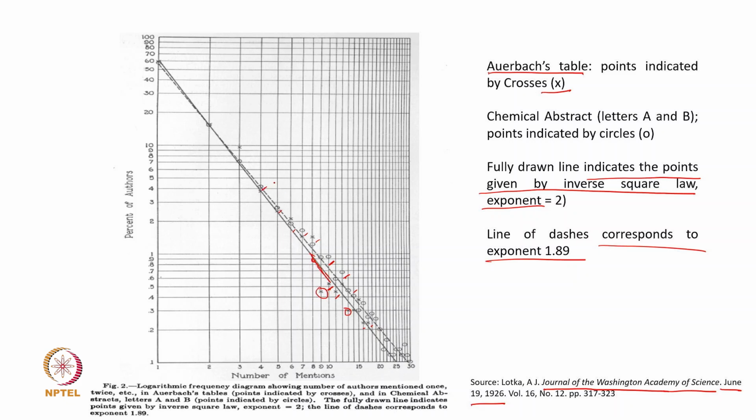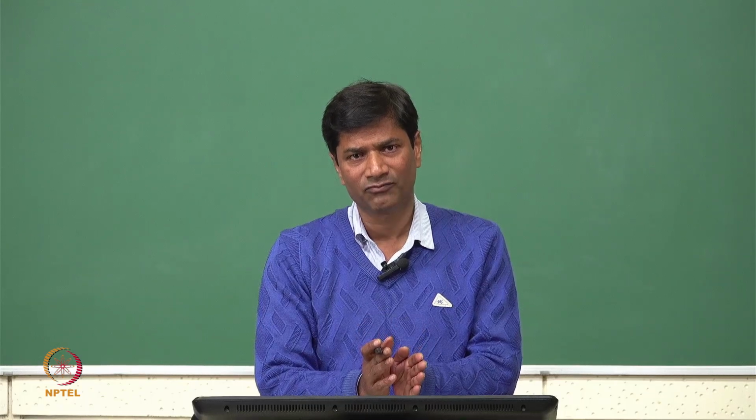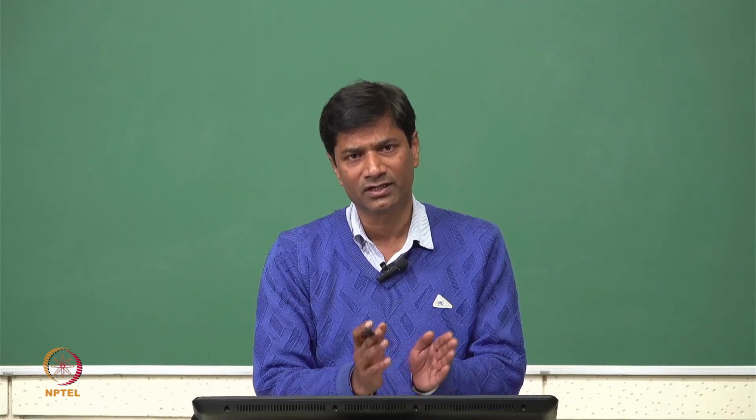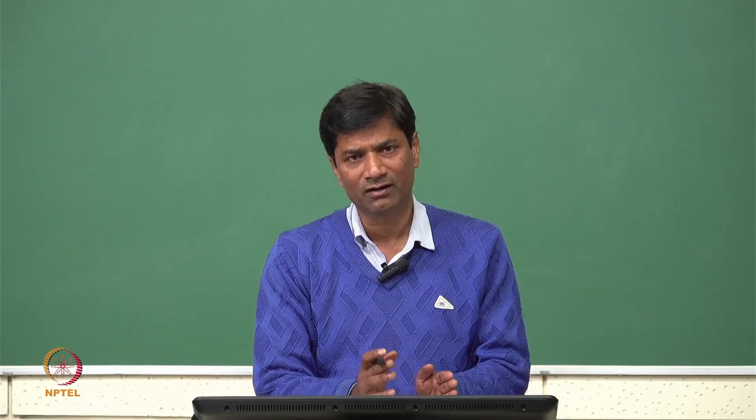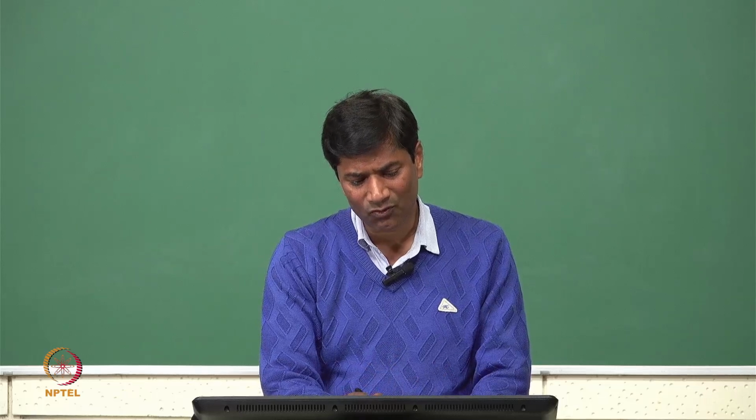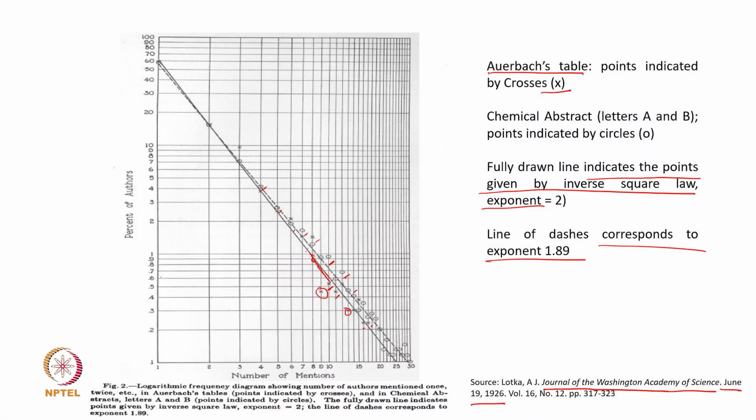What you are finding here is that in the case of Auerbach, the crosses are very near to the fully drawn line, while in the case of Chemical Abstracts, these circles are very near to the dashed line. That means when we draw a graph on a logarithmic scale using the data derived by Lotka, we come to know they are quite close to the line having a slope of 2 by 1.